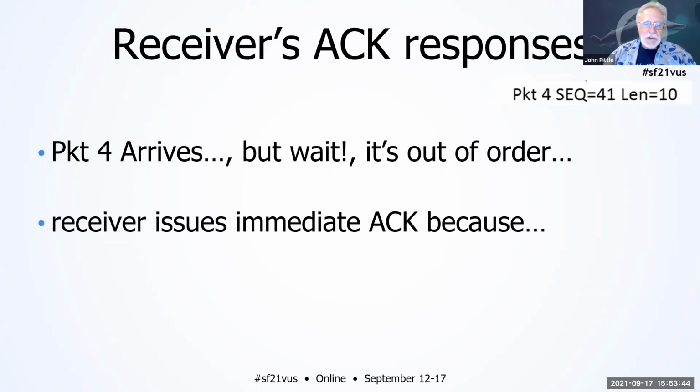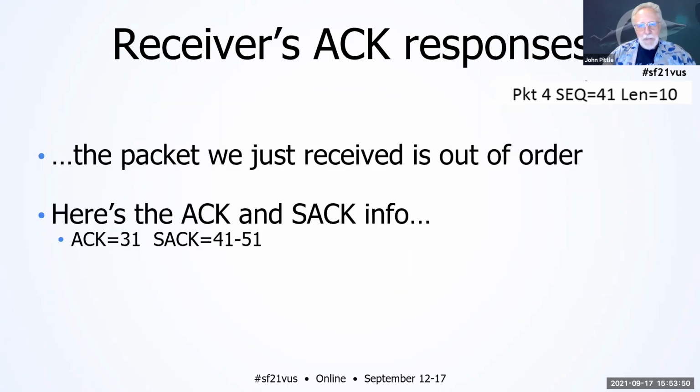We immediately issue the ACK because, and we already talked to this a little bit, what we just received is out of order. So now we send the ACK, cumulative ACK of 31, saying, hey, I did get something. I was really looking for 31, but just so you know, I did receive a segment starting at 41 through 50, and the next byte after that would be 51.